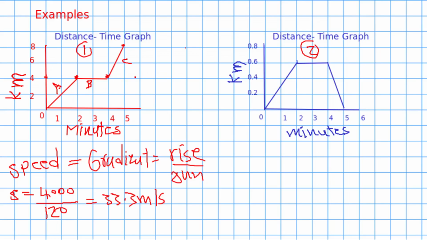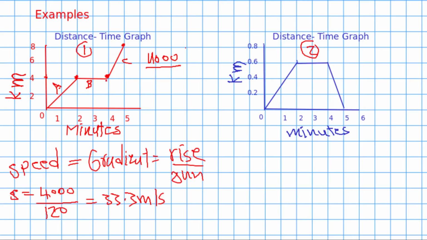In section C, the object started from this point and ended at this point, and the end point of this section corresponds to 8. From this point to this point means 4 kilometers too. So it's going to be 4,000 divided by what, guys?